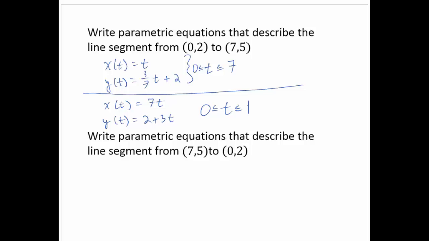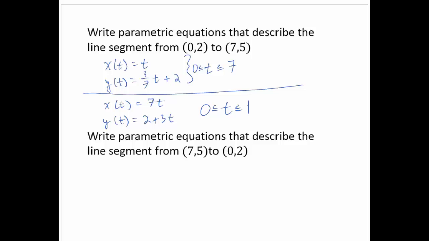And sometimes that's very nice. In later courses where you will have to parameterize certain graphs before you do something else with them, it's often useful to have the parameter go from 0 to 1. It makes life a little bit easier usually.